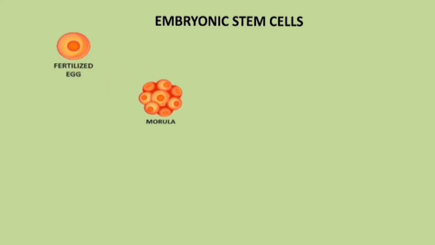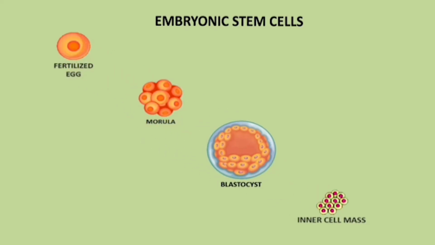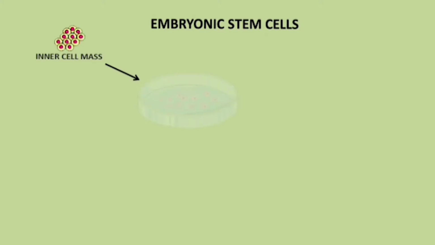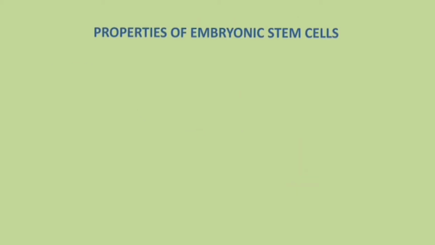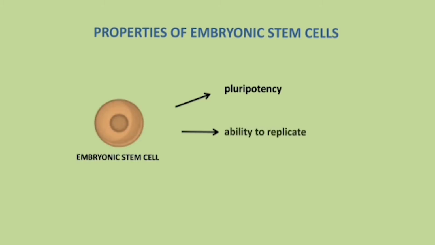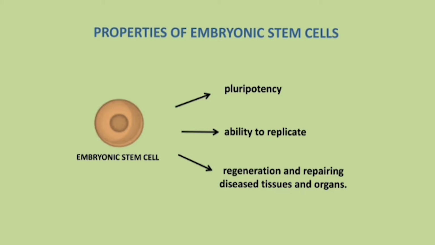Embryonic stem cells are the cells derived from the embryos at the blastocyst stage, and they are pluripotent, which has the capacity to differentiate into any type of cell, including the three germ layers: endoderm, ectoderm, and mesoderm. They have two distinctive properties. One is pluripotency and the other is the ability to replicate indefinitely. These properties allow them to be used in regeneration or in repairing diseased tissues and organs.